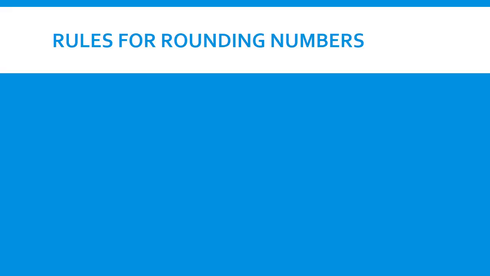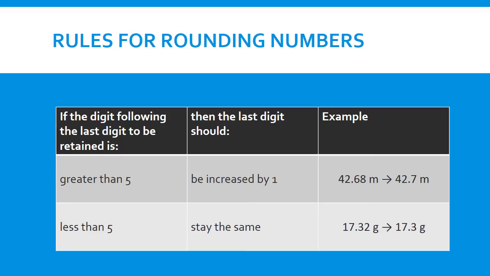Now let's look at the rules for rounding. If we want to round a number, first we need to decide how many significant figures the answer should have. The number of significant figures in the answer depends on the given measurements and on the mathematical operation used to obtain the answer. If we want to round these to 3 significant figures, if the digit following the last digit to be retained is greater than 5, then the last digit should be increased by 1.